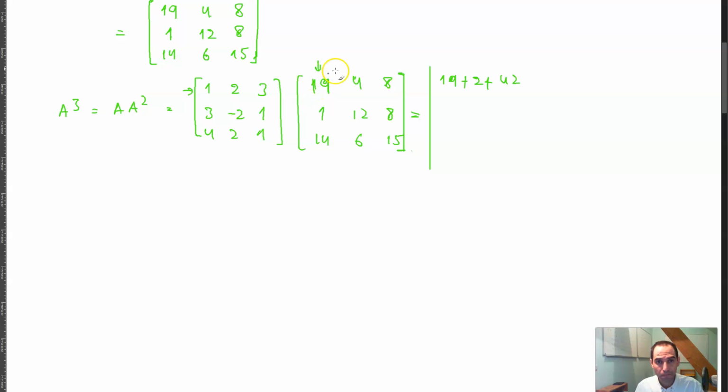And moving to this column, I have 1 times 4 is equal to 4, 2 times 12 is equal to 24, and 3 times 6 is equal to 18. Moving to this column, I have 8 plus 16 plus 45.